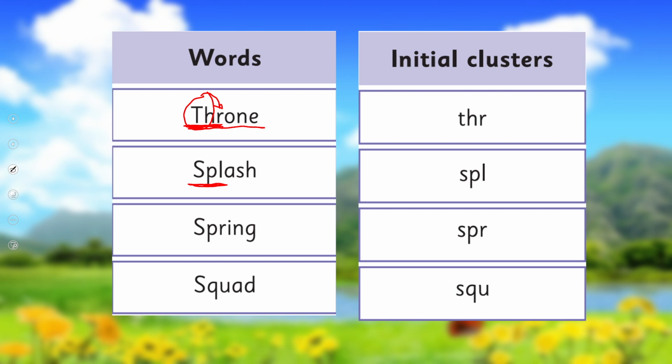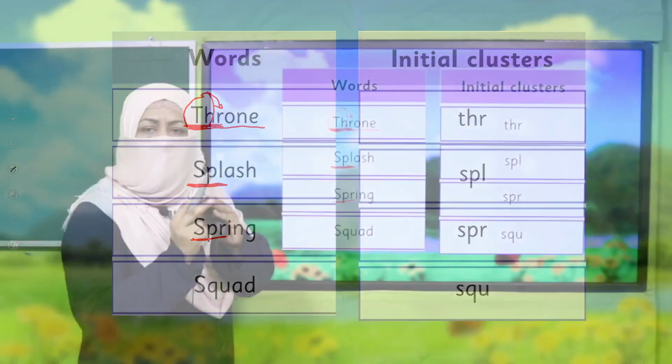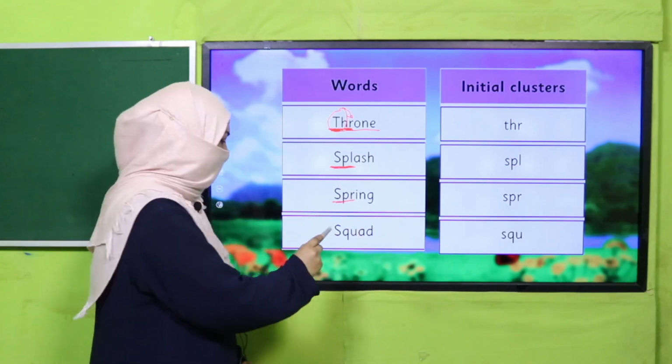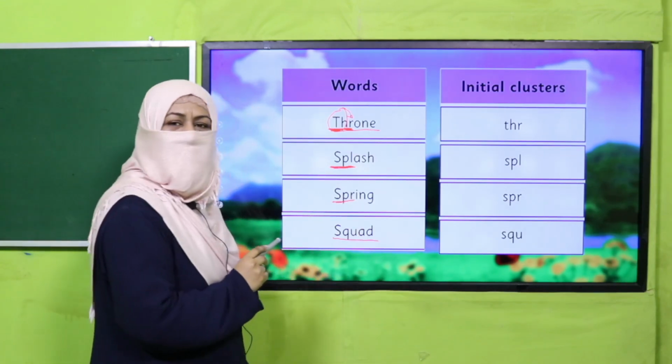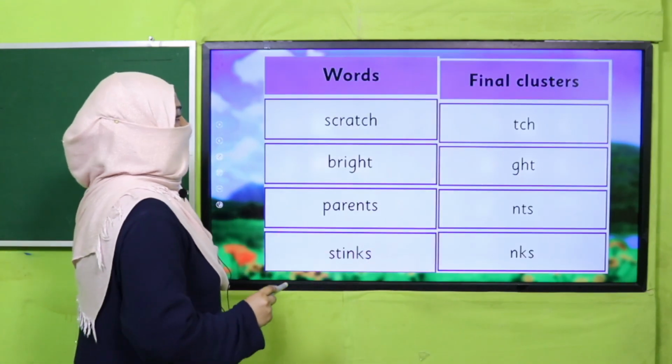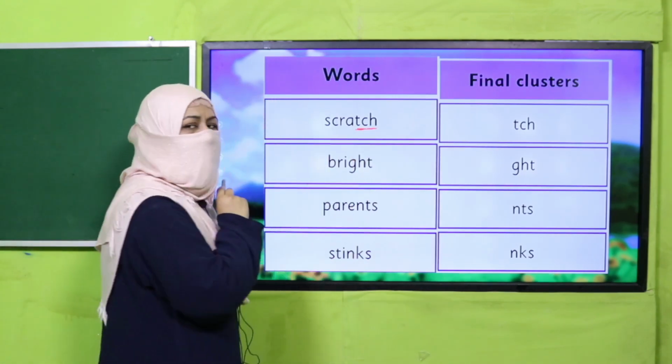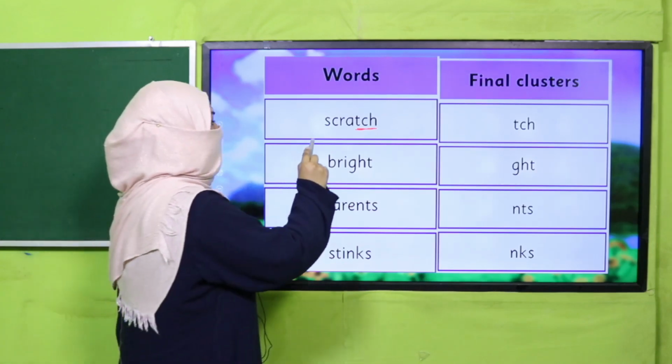Okay, so spl. 3 consonants are coming together. Spl, splash. Okay, spring. Now you have to say it in one go. Spring. Okay, squad. Right. So here we find a consonant cluster at the end of this word, and it is scratch.